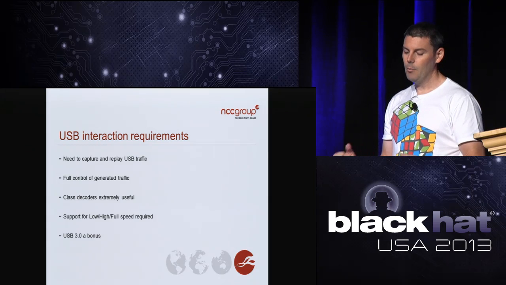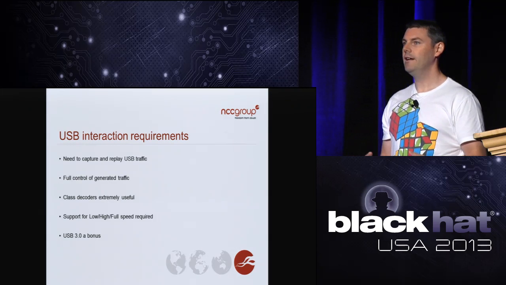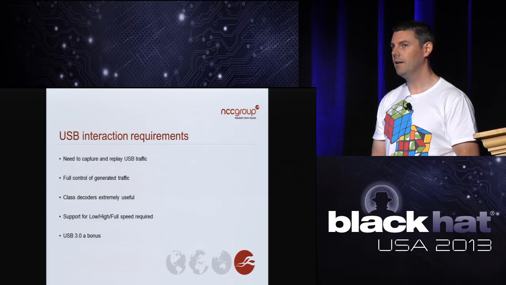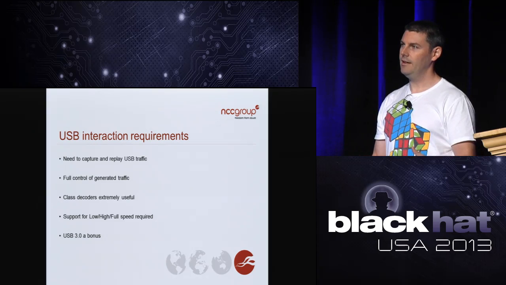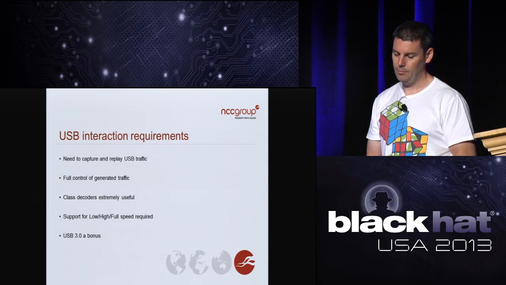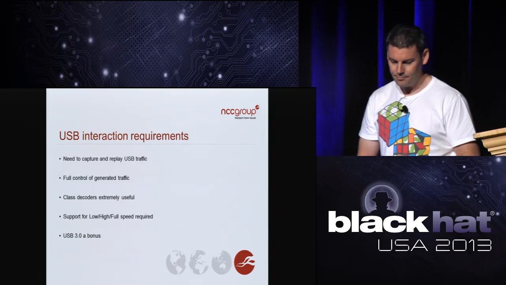We need to have complete full control of any traffic that we generate. We don't want to be constrained by the rules laid down within the USB spec, because a lot of the techniques that we might want to use may fall well outside the USB spec. So we need complete control of every bit that we send.